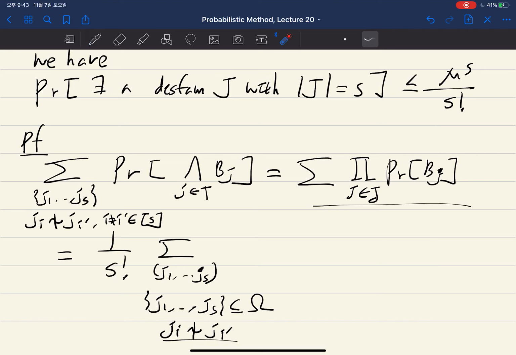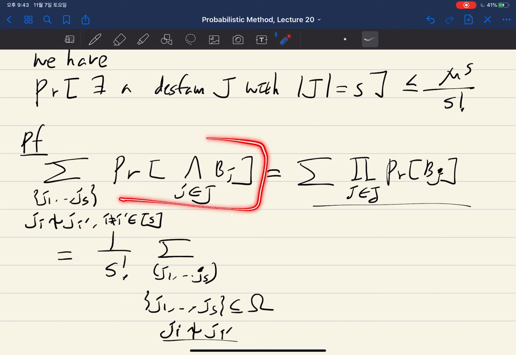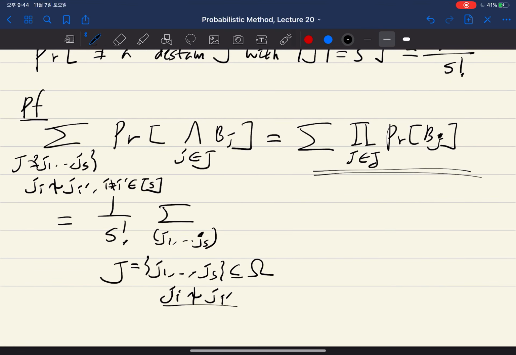It seems that I didn't specify the size of this J, that's S. I should have specified that. So over all such sets where no two of them are related, we sum the probability that this J actually forms a disjoint family. And now we give the ordering.